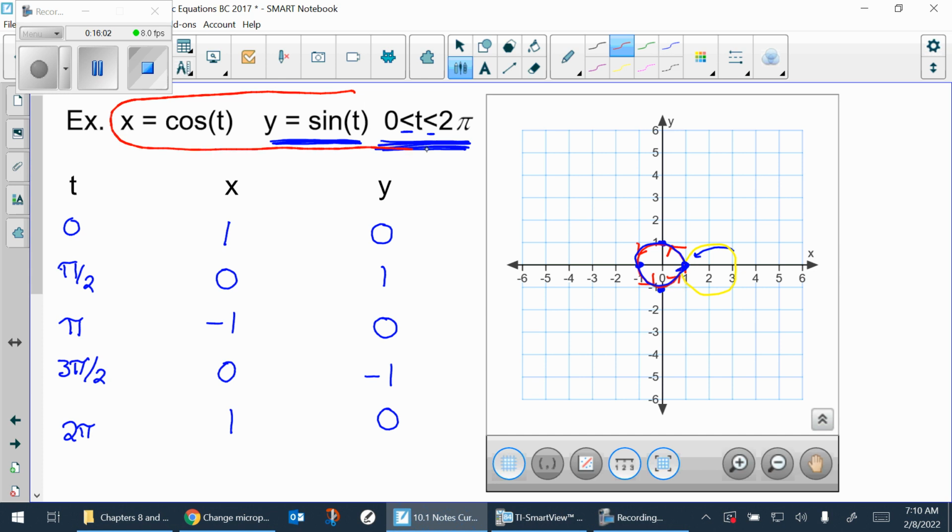So get your calculator into parametric mode and graph that guy. You know that your X max of 1, X min of -1 is going to be fine. Y min -1, Y max of 1 is fine. And you're told what T's are. So maybe practice graphing a parametric using this one.